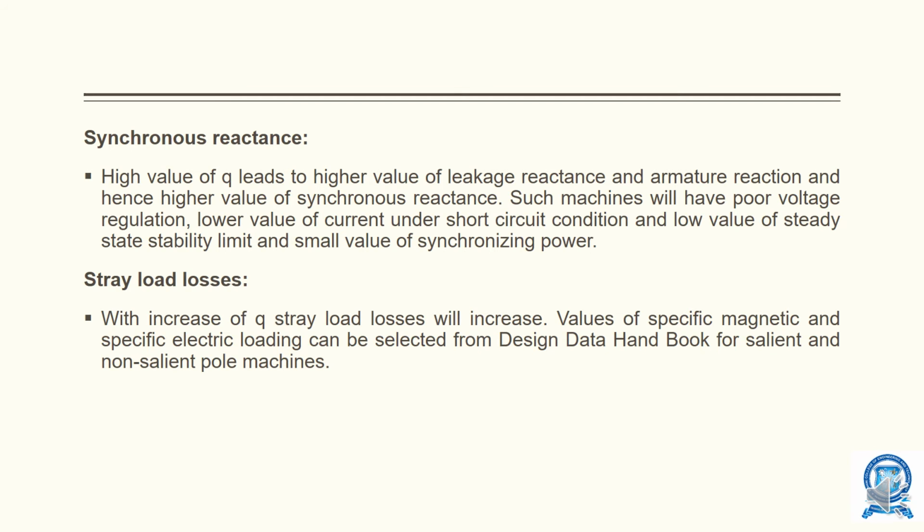Stray load losses: with an increase of Q, stray load losses will increase. Values of specific magnetic and specific electric loadings can be selected from a design data handbook for salient and non-salient pole machines.